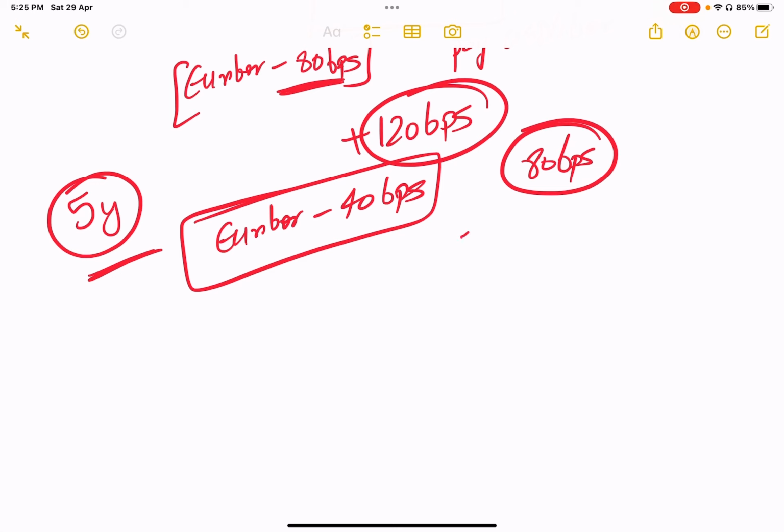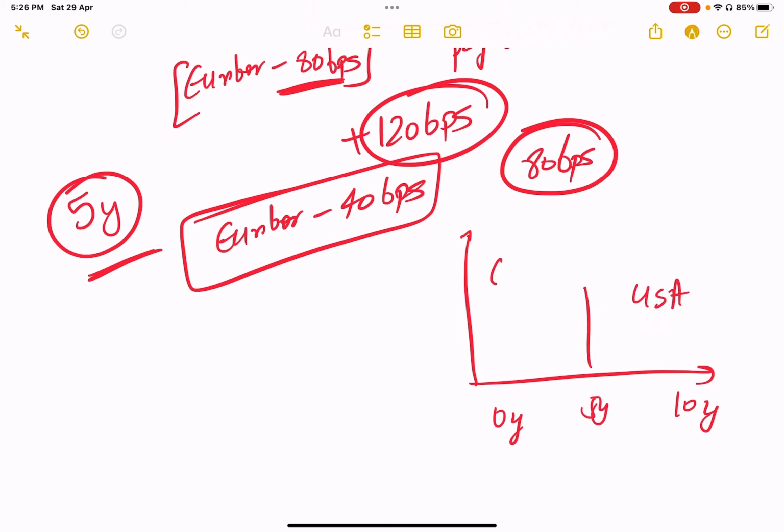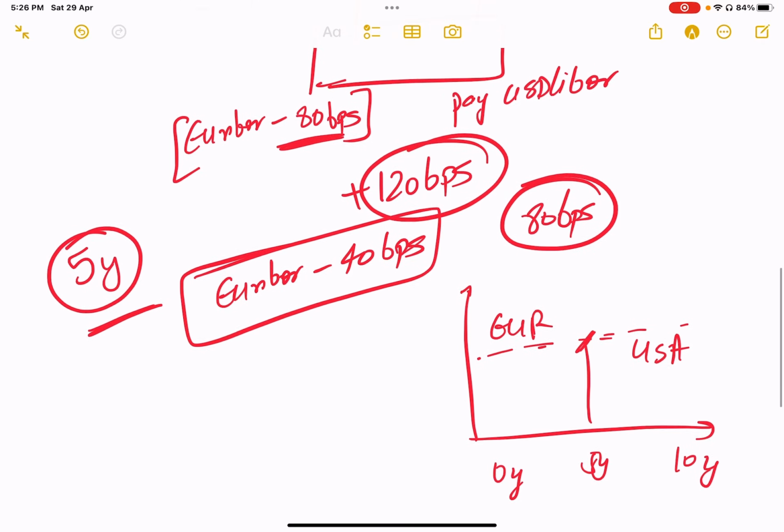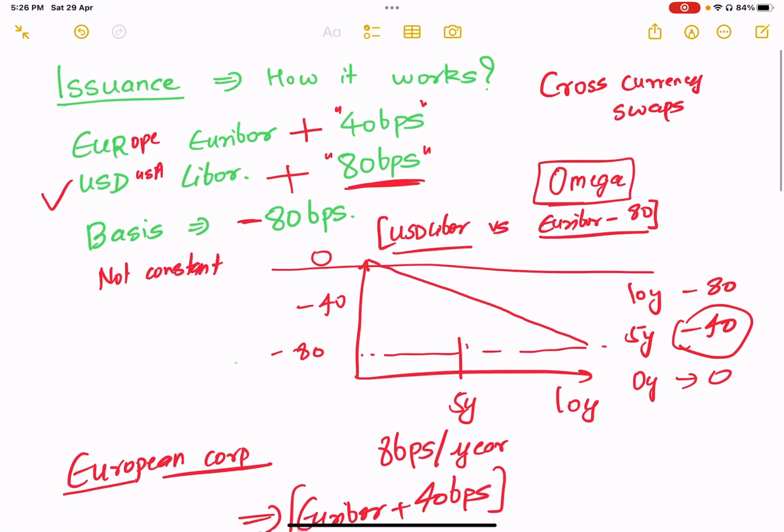So it will be something like this. If I were to say for 10 years to 0 years, here I will issue in USA and here I will issue in Europe. So this is the boundary line which is deciding this. And why this boundary is there? Because the numbers chosen were such that basis was increasing, decreasing at this 8 bips per year.